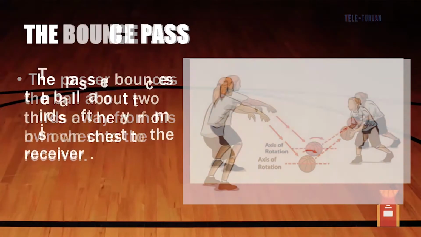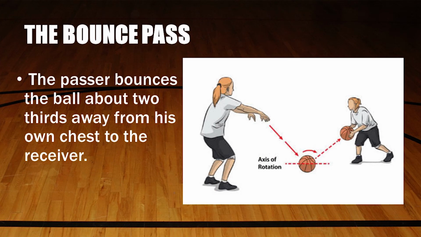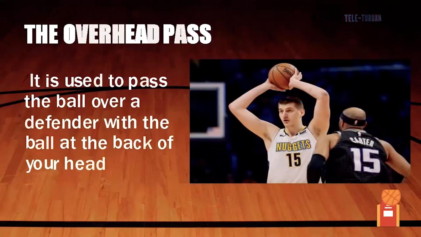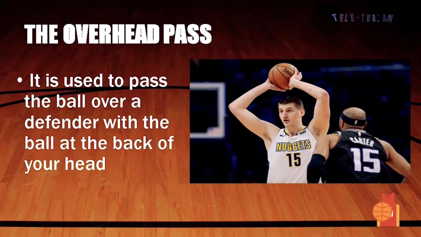The bounce pass, the passer bounces the ball about 2/3 of the way from his own chest to the receiver. And lastly, the overhead pass. It is used to pass the ball over the defender with the ball at the back of the head.